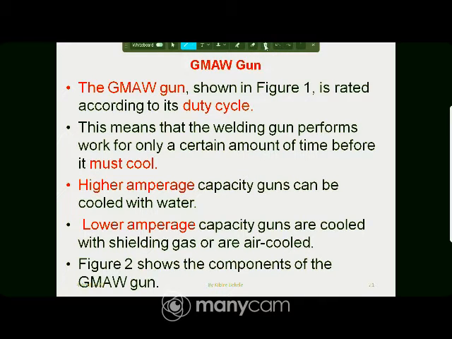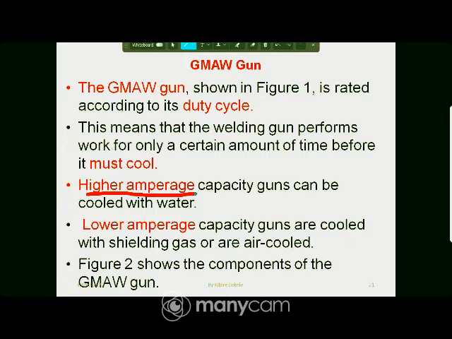When buying, we can buy the gas metal arc welding gun separately from the market as a spare part of the machine. You must check the duty cycle of the welding machine, and it must match the duty cycle of the welding gun.